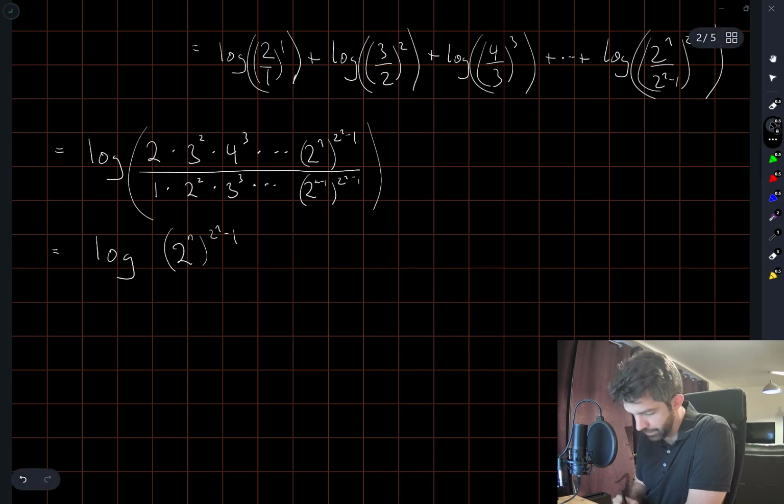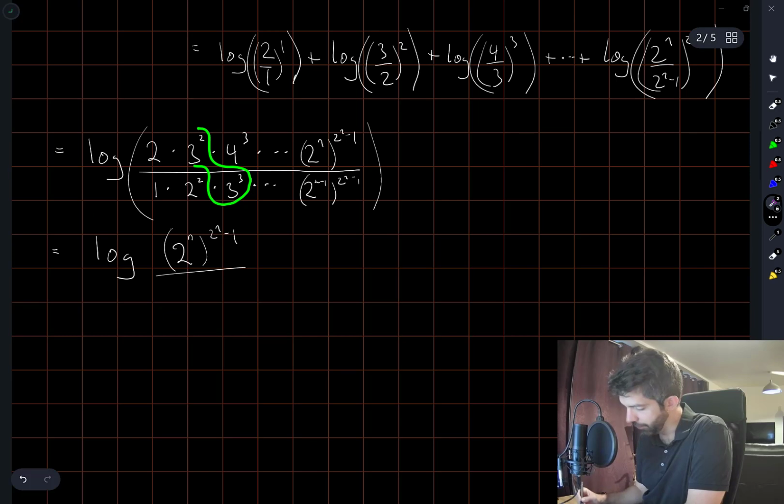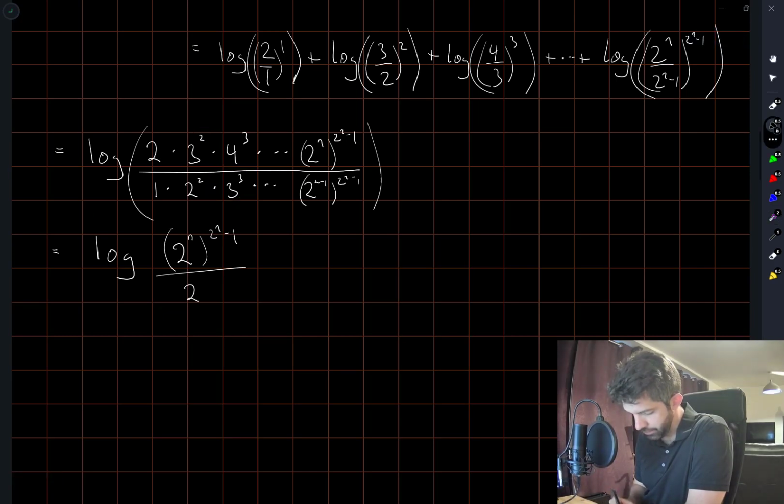And in the denominator I'll be left with one factor of each of these numbers, right? If I cancel those, I'll have one factor of 2. If I cancel those, I'll have one factor of 3. So this will take me up to 2 to the n minus 1 factorial.